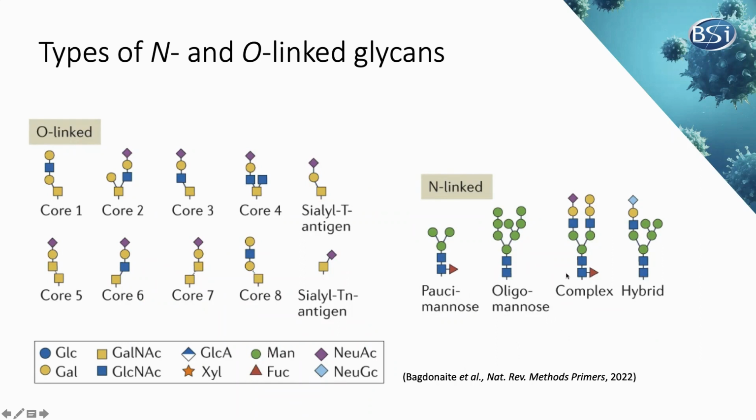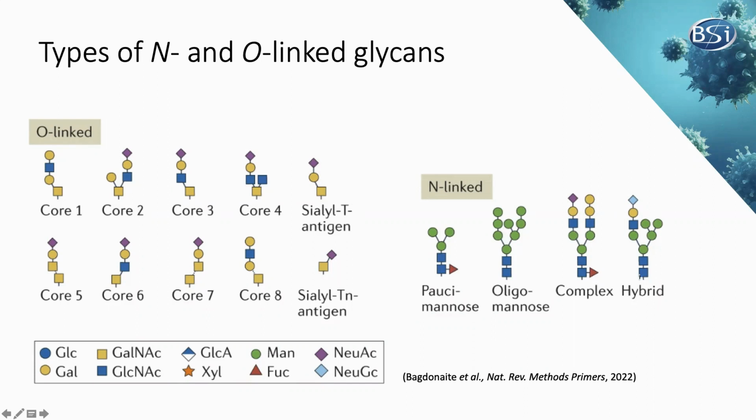paucimannose, oligomannose, and complex and hybrid structures. And this paucimannose carries 1 to 3 mannose residues with variable core fucosylation events. And oligomannose glycans contain terminal branches composed of mannose sugars.